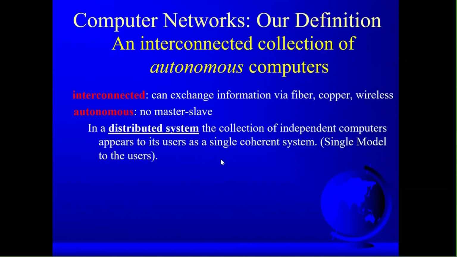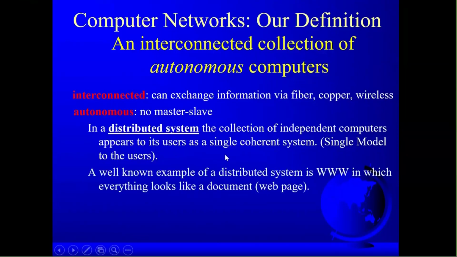So basically, the World Wide Web, the internet, meaning www. Go to a web page, everything appears to you as a single web page, right? Therefore, this is what we refer to as a distributed system.